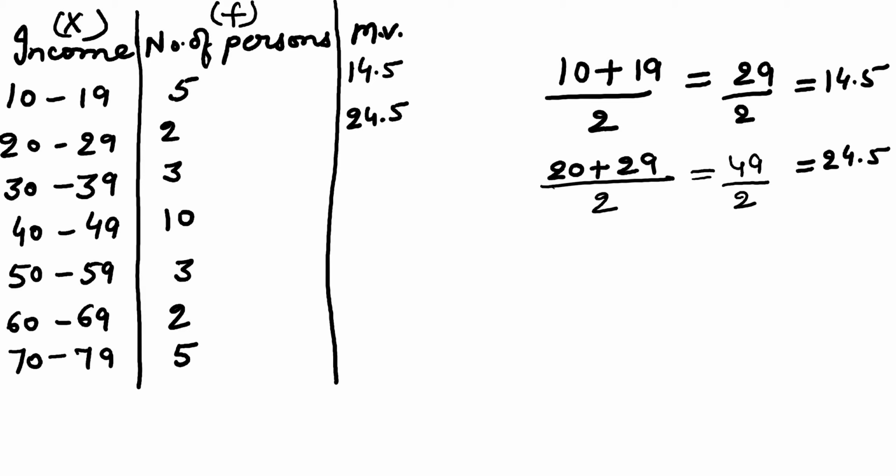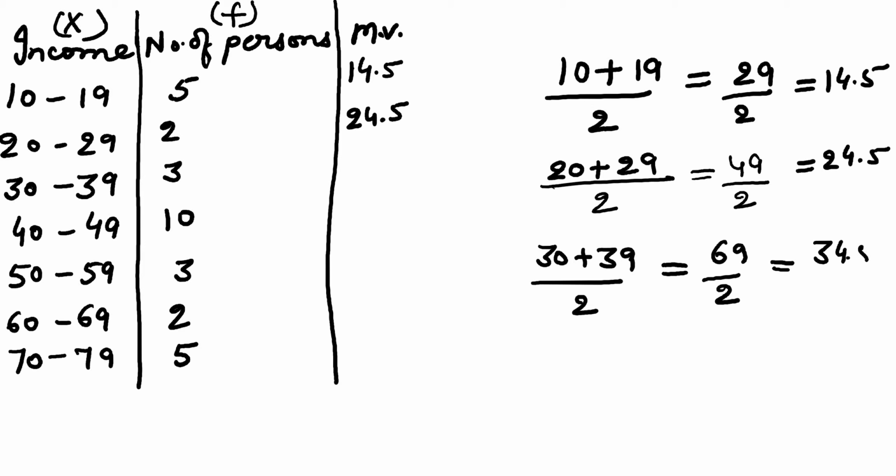If we calculate the mid value for 30 to 39, that is 30 plus 39 divided by 2, we get 69 divided by 2 is equal to 34.5. So our next mid value will be 34.5.